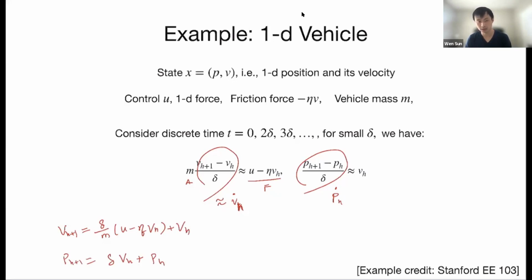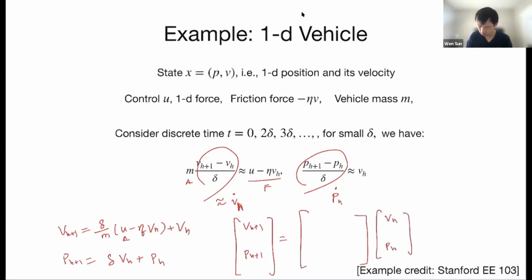And the relationship between the state at time step h+1 and the control input u that we added is also linear. So we can write this as (v_{h+1}, p_{h+1}) equals some matrix times (v_h, p_h) plus some vector times u.